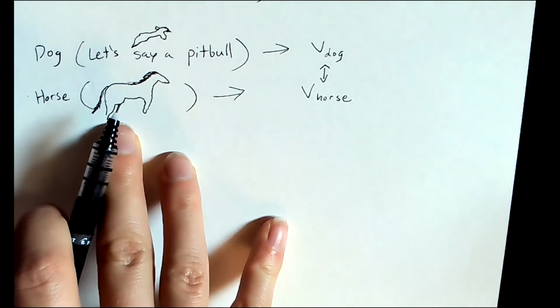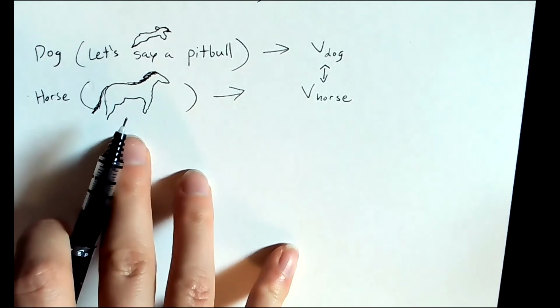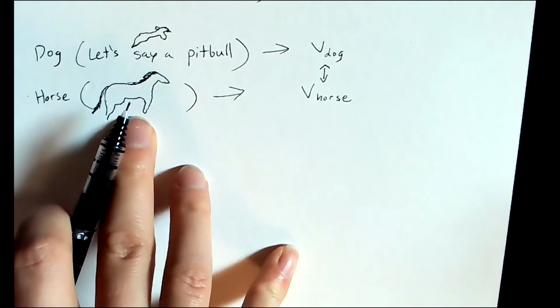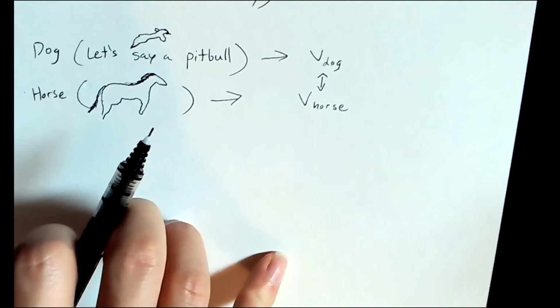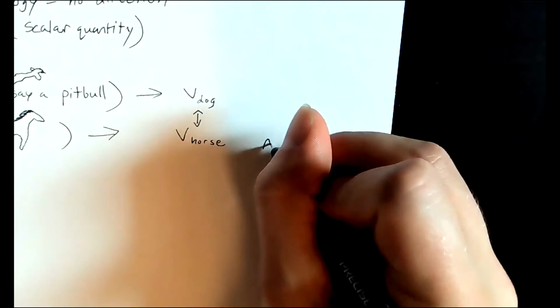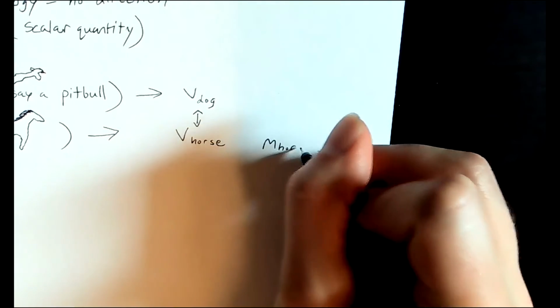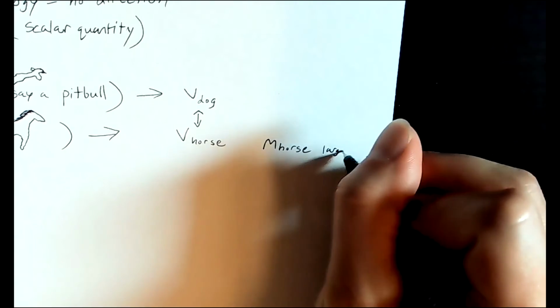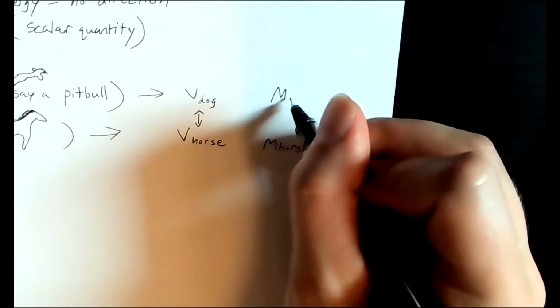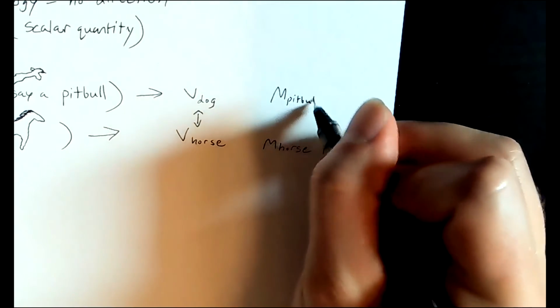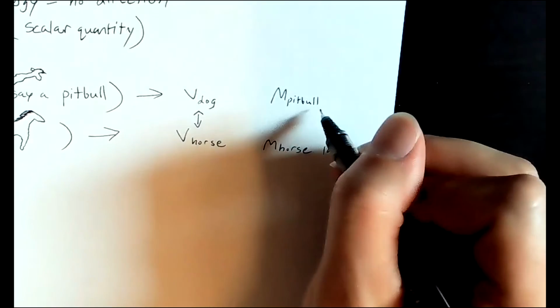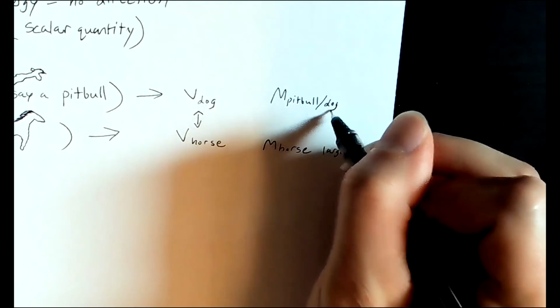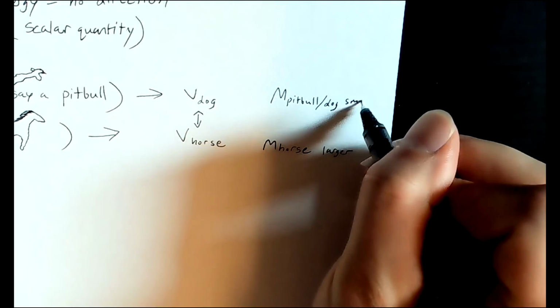However, horses are a lot more massive than dogs. M horse, larger. M pit bull or dog, smaller.